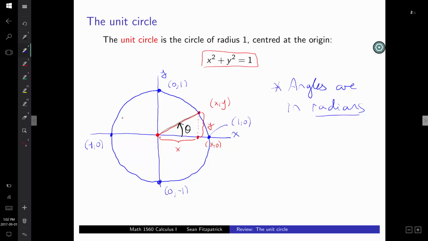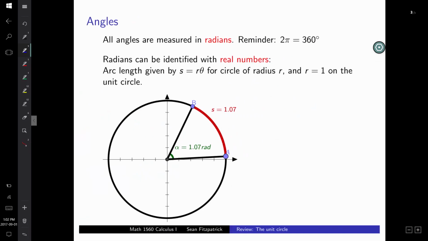If you set things up so that angles are in radians, a nice thing happens. Suppose you choose a particular angle, take a couple of points that span that angle, and cut off the piece of the circle that's highlighted there in red. If you were to stretch that out and measure the length, there's a formula for the length of that piece, as long as you're working in radians. If you're not working in radians, this formula is going to be wrong; you'd have to adjust for the scale factor between degrees and radians.